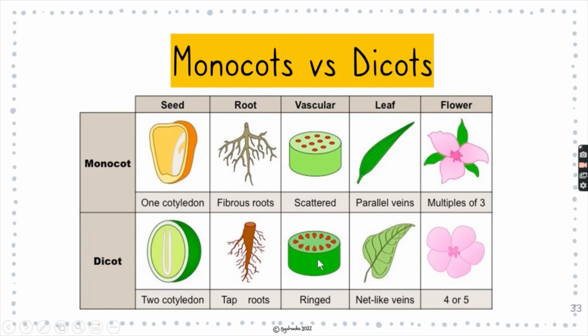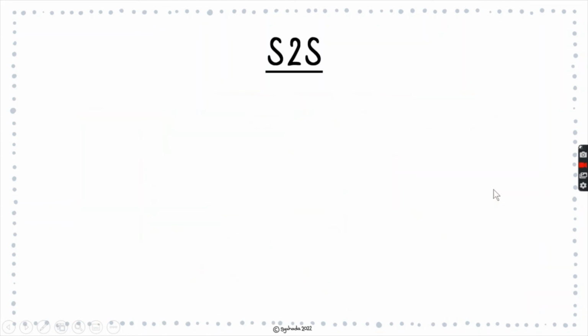We're going to learn about these two in topic 7, which is transport in plants. Next, monocots have leaves with parallel veins, and dicots have net-like veins. Monocots have flower parts that are in multiples of 3, and dicots have flower parts that are in 4 or 5.